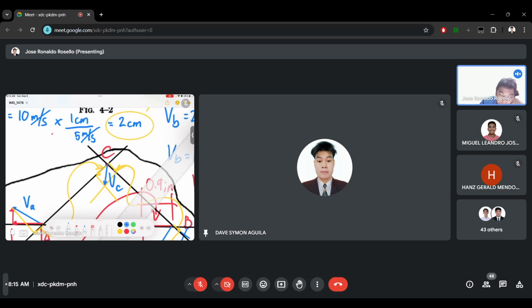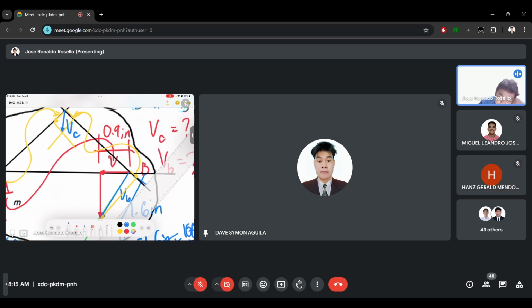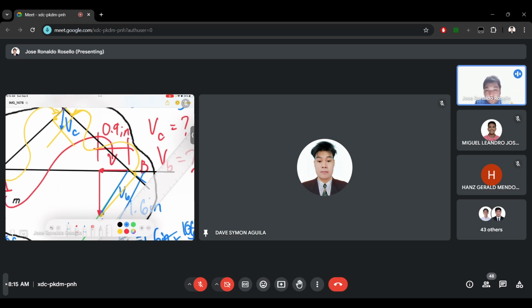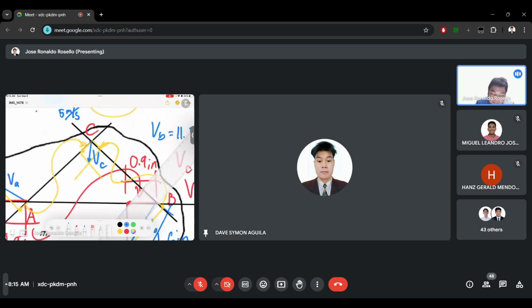Okay, again, using velocity A, we have copied the component to point C. Using velocity B, we have found the component for point B and we copied it to point C. Now, when we copied it to point C, we will now make the perpendicular lines, and since they are both going down, we will make the perpendicular lines going down also.